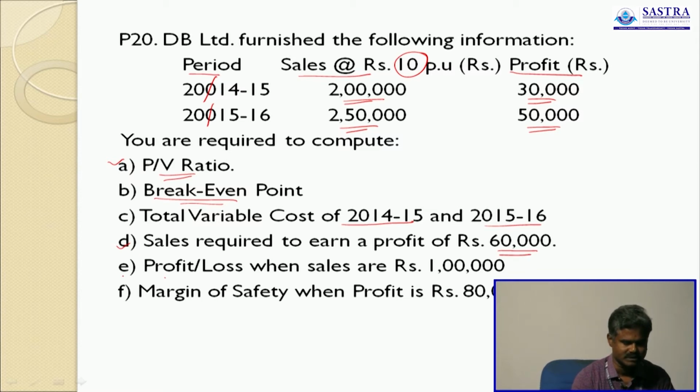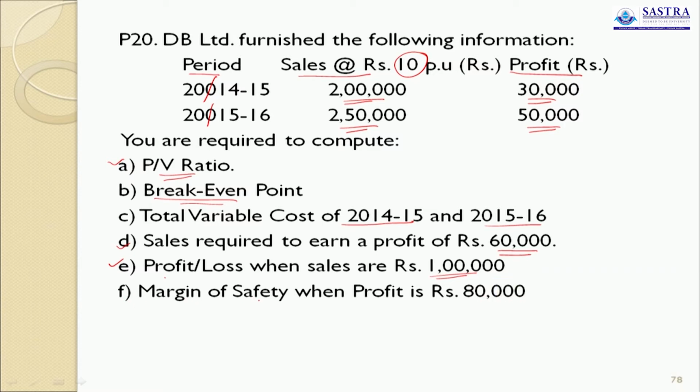Then fifth question is profit or loss when sales are rupees 1 lakh. Here estimated sales is given, while in the previous question estimated profit is given. So here they ask you to find out what is the profit when sales are rupees 1 lakh. Then last question is margin of safety when profit is rupees 80,000.